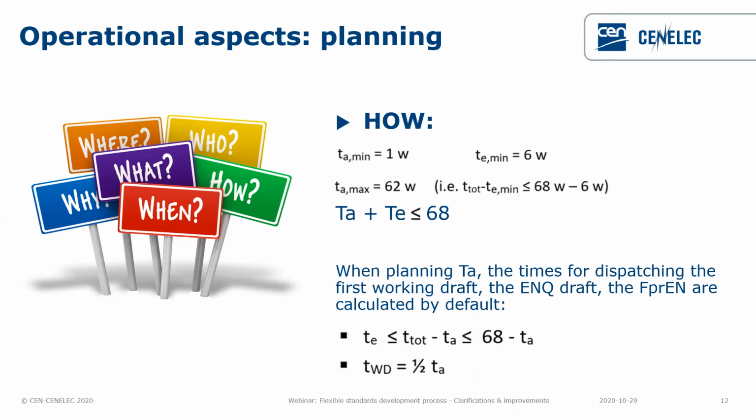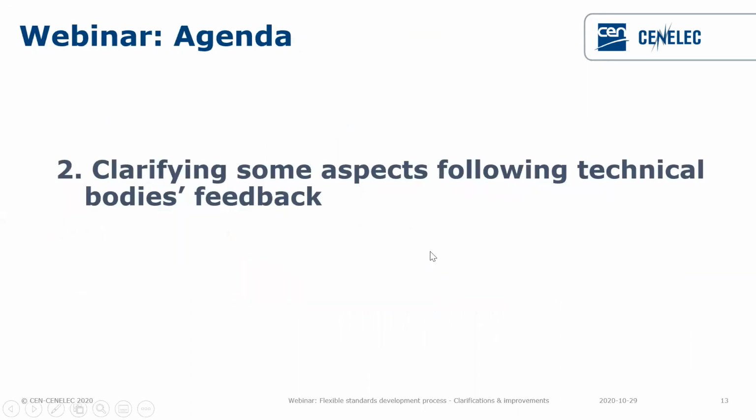This is not in any way under the new process. This has not been changed. Yes, and it's an opportunity to mention that this process really starts from the activation of the new work item until the publication. So the preliminary work items are not considered as such, and the same rules still apply.